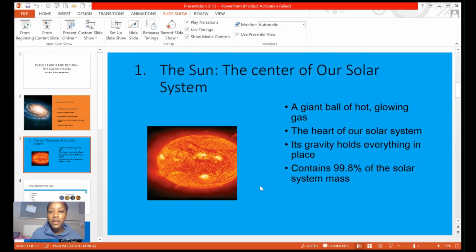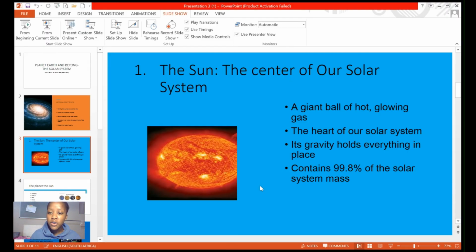Now we'll be talking about the sun, the center of our solar system. The sun is a giant ball of hot glowing gas.